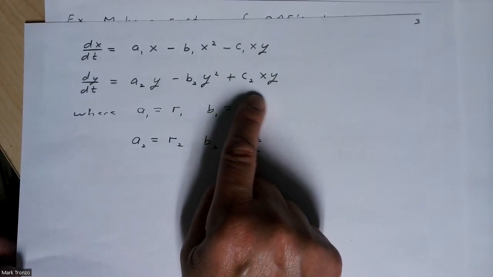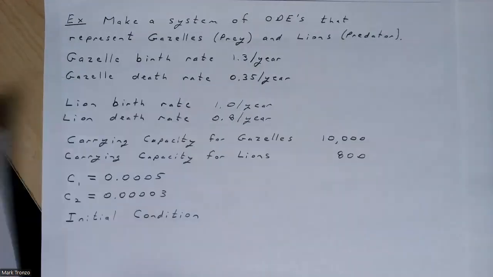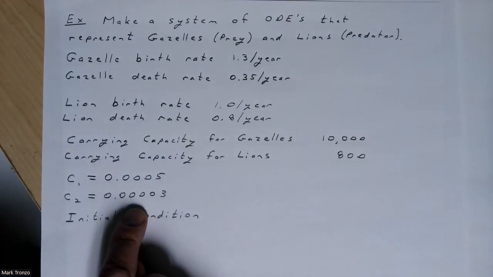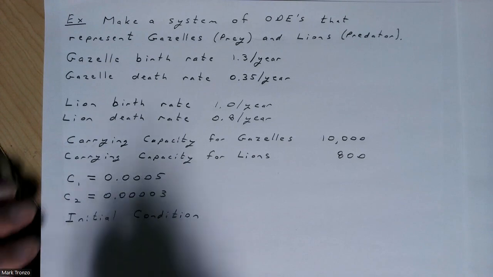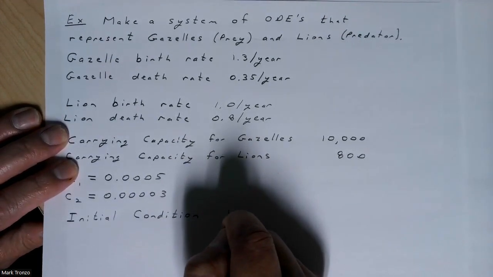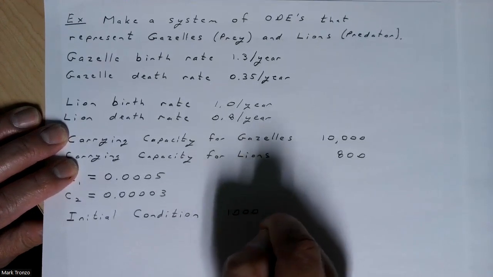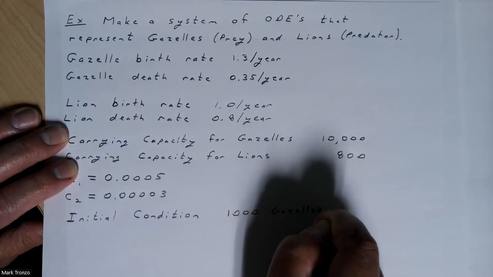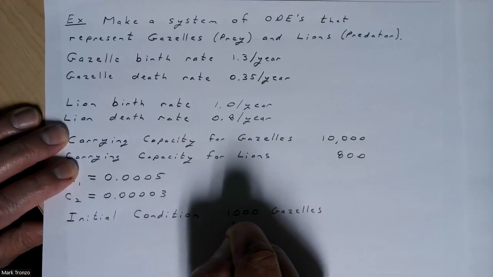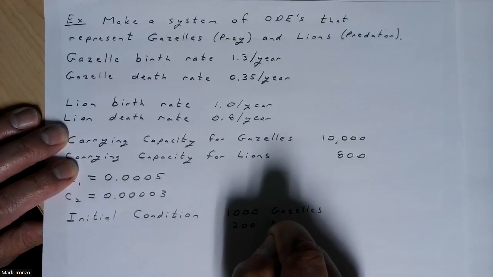This is the increase of the number of lions based on the interaction of the lions and the gazelles. We have that. And then finally, the initial condition, we'll estimate, let's say we have an area where we know the initial number of gazelles is 1,000 gazelles at our starting time, and let's say 200 lions.